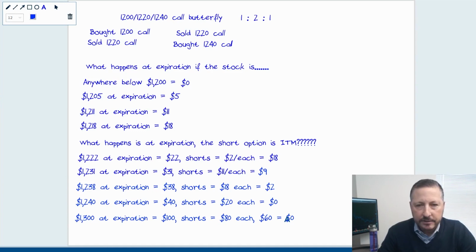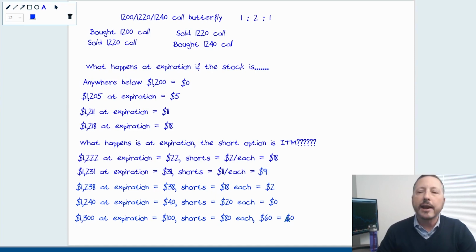The key is, number one, the options have to be in a 1 to 2 to 1 ratio. You can do it 5 to 10 to 5, 100 to 200 to 100, but you have to have the same amount of long options as you do short options. And the width between the strikes has to be symmetrical.